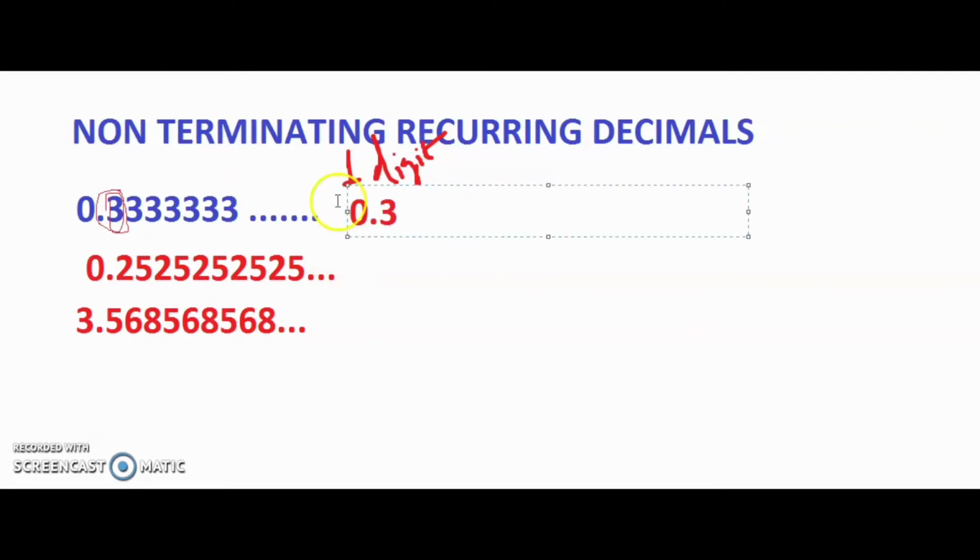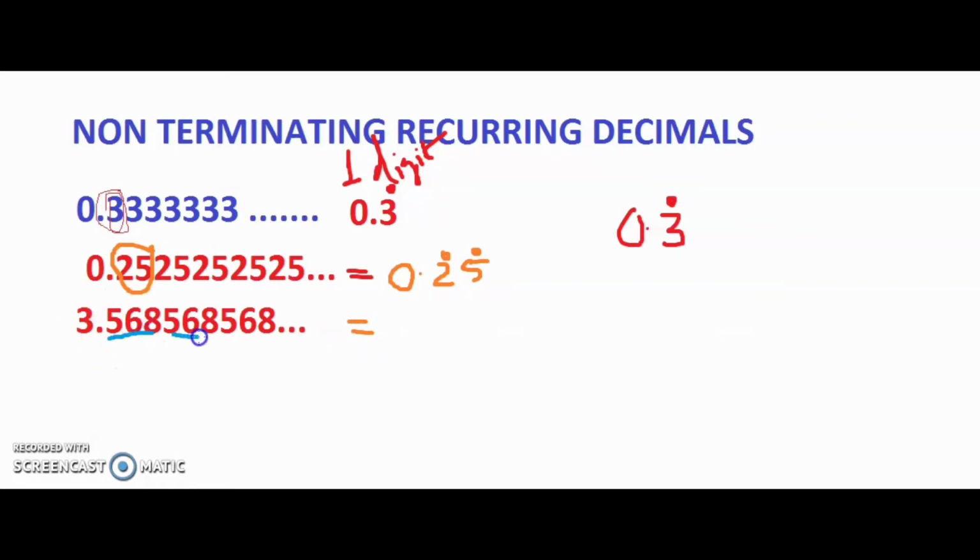Only one digit is repeating here, so it can be written in short form by writing that repeating digit and placing a dot on it. So it will be 0.3 with a dot over it. In the second example, two digits are repeating. They are 25. So write 0.25 with a dot on 2 and also on 5.